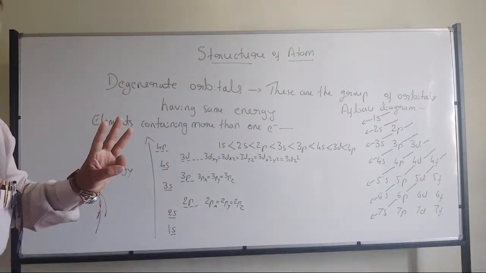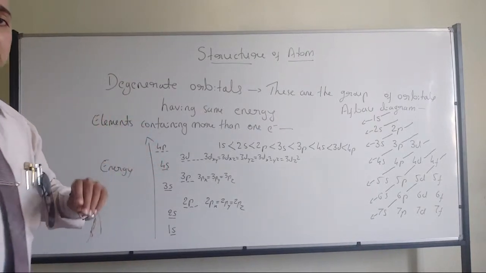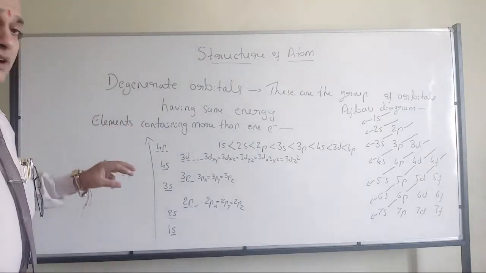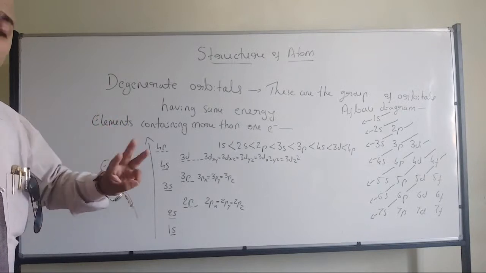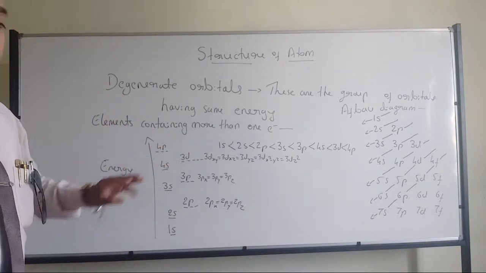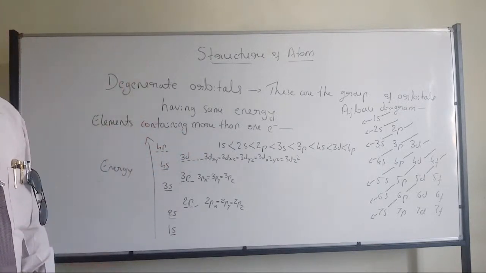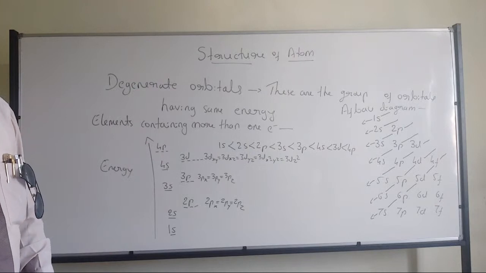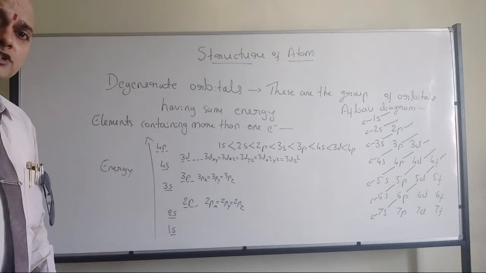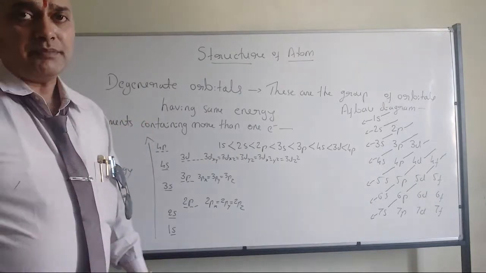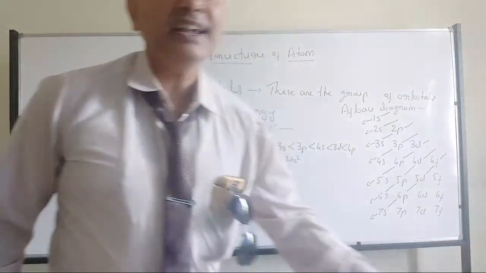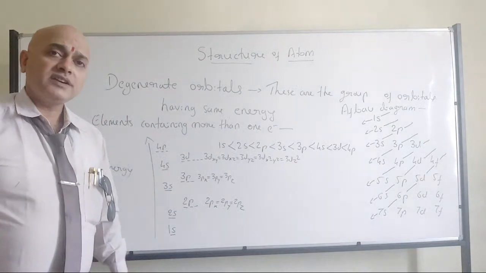All of them will be of same energy. Same in 3p, we have three orbitals, 3px, 3py, 3pz. All of them will be of same energy. So that's where we have the degenerate orbitals. All of you have understood? This is applicable when I am dealing with other elements other than hydrogen.